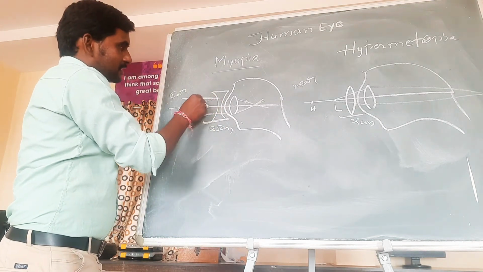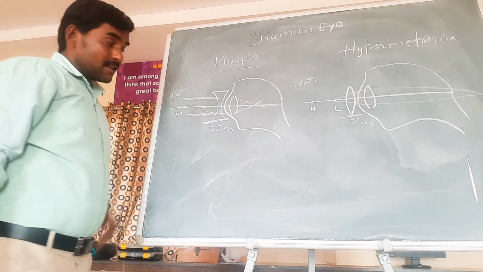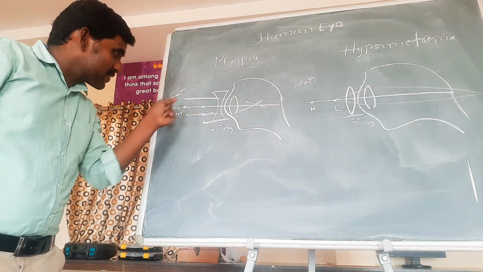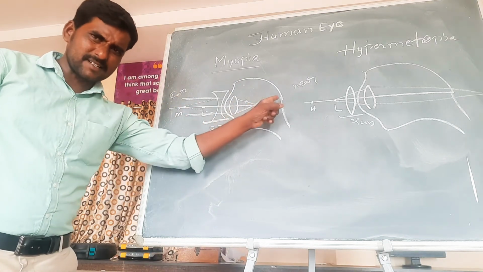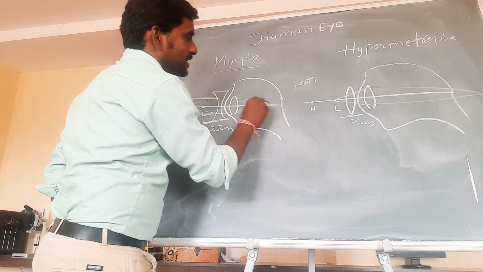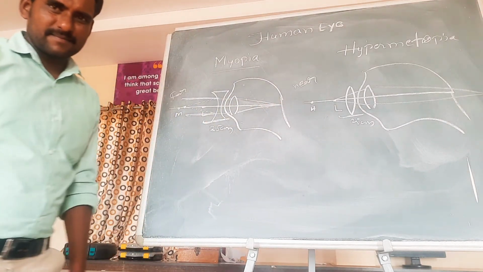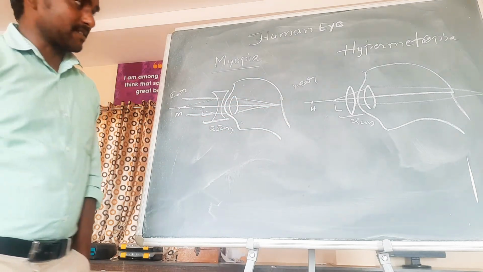So extend back. Here the image will form. This image the person can see, because it is between M and L, he can see. Near objects he can see clearly. So the image forms directly on the retina when I use the lens.